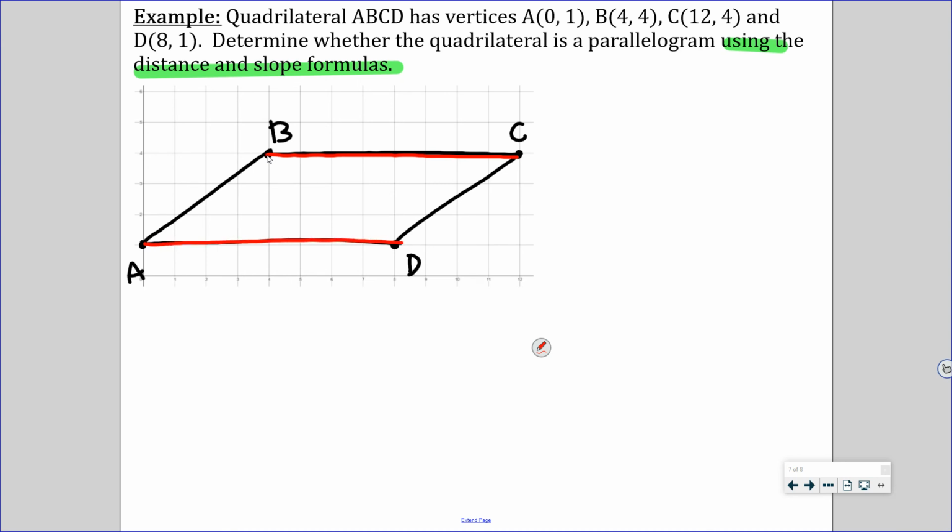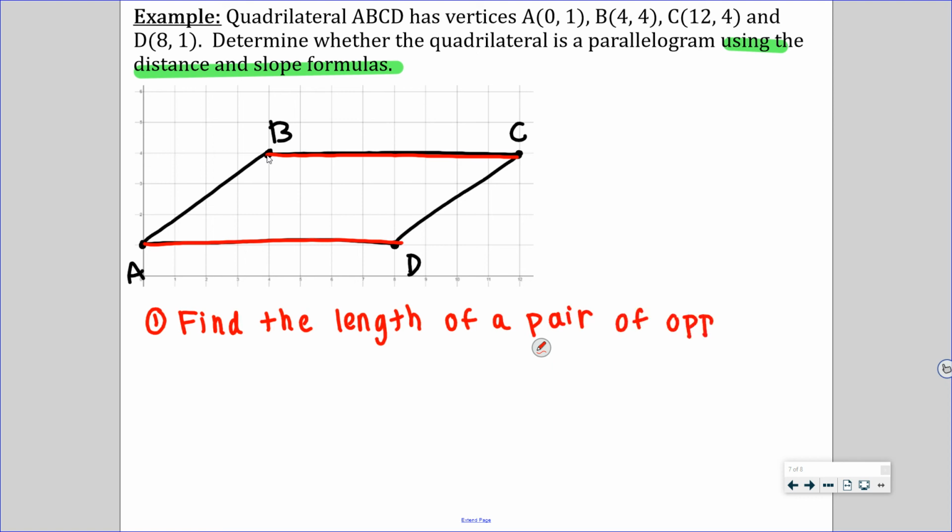I'm telling you guys right now, though, they're not all going to be set up this way. Okay? But our first step here is to find the length. So I'm going to write this out in case you have to use distance formula. Find the length of a pair of opposite sides. Here's my note to myself.